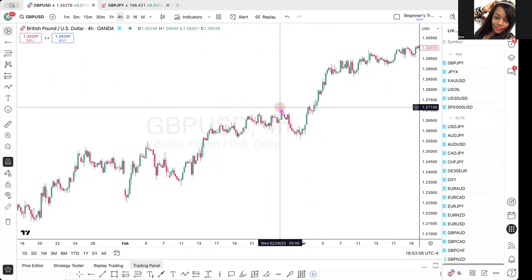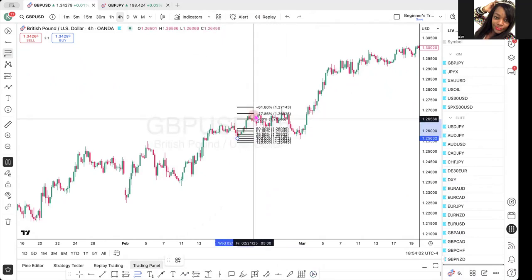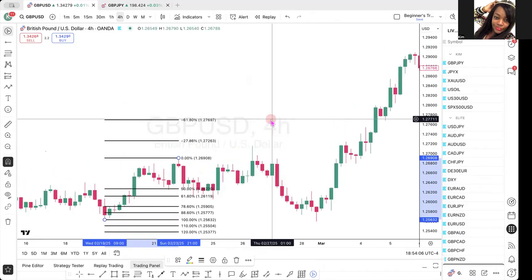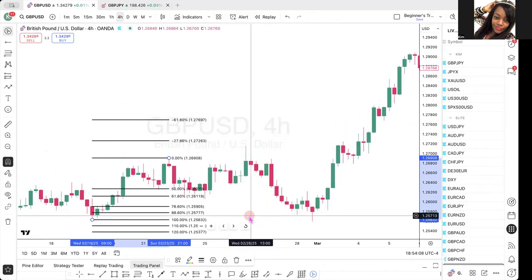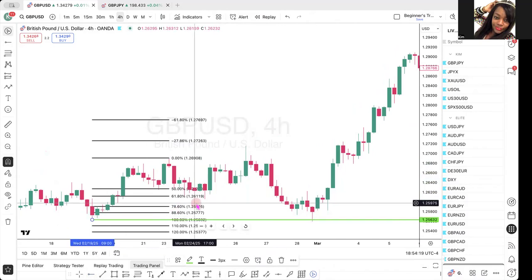So we're going to fib from this move to this move. As you can see, price came back to 100%, but guess what? It did not break the swing low market structure. It did not break the swing low.